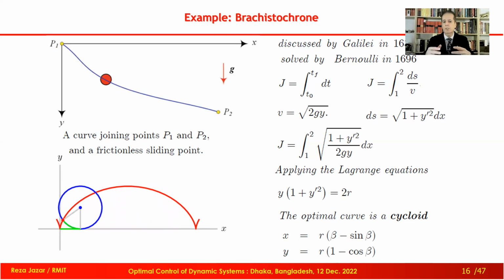So we convert everything from dt to ds, which is J here, and then we apply the Lagrange method, which I showed you as first variation equal to 0. The result would be that equation, y as a function of r, where r is the radius of that circle.